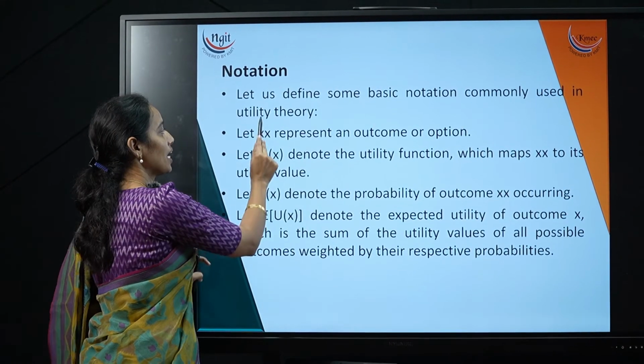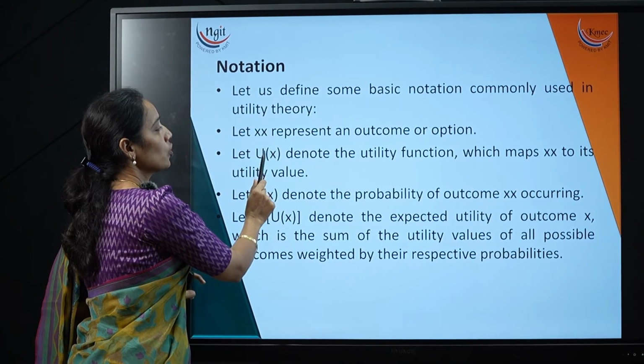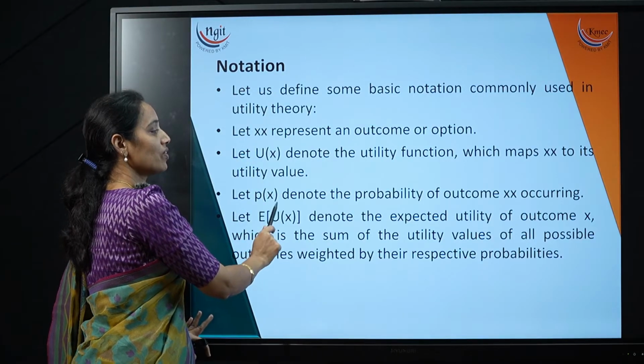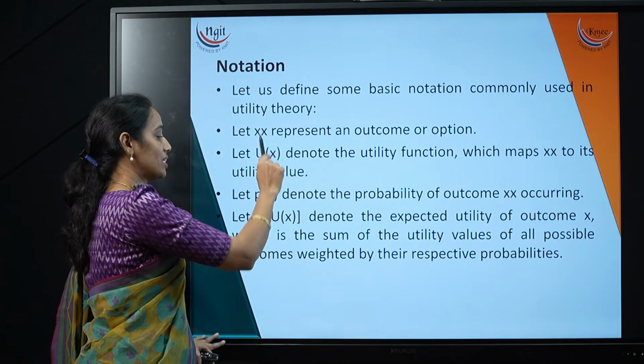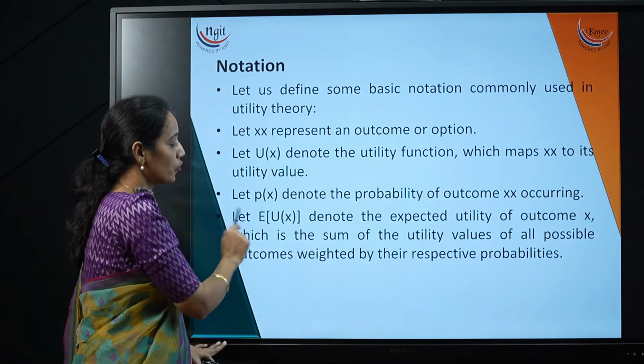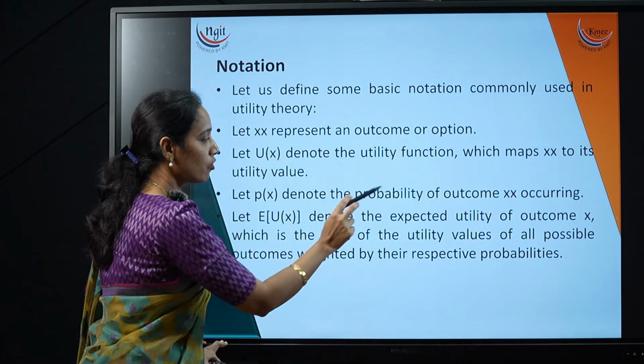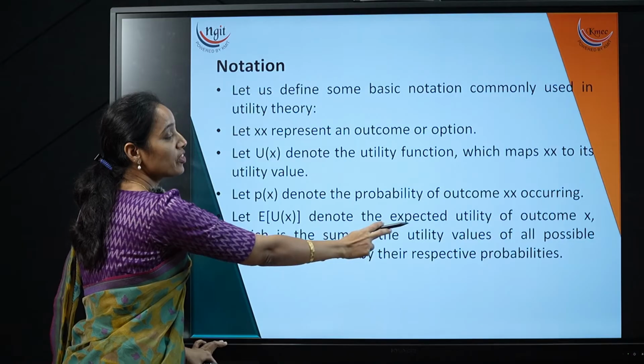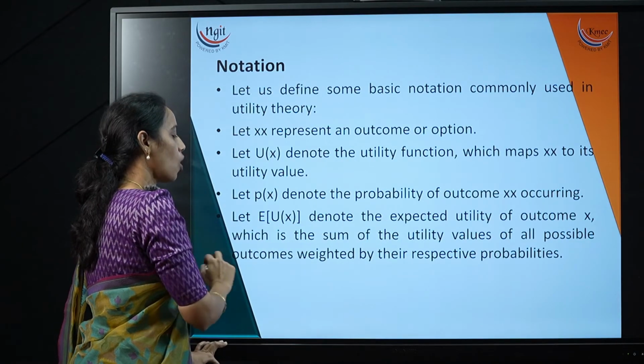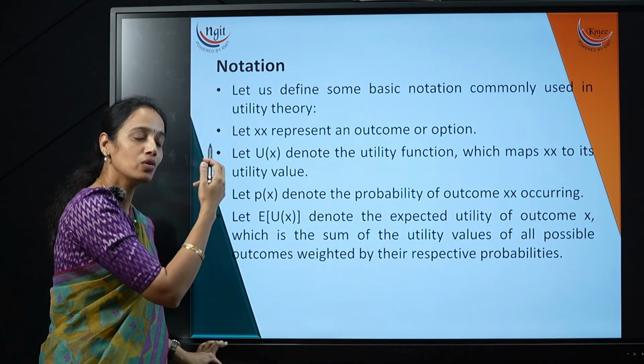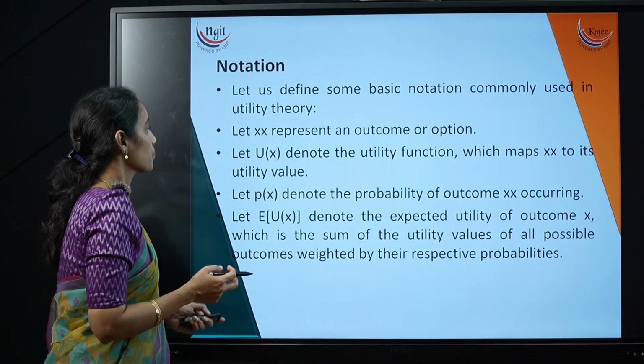Just try to understand, x is the outcome, u of x is the utility function, P of x is the probability of an outcome of x occurring, and E of u of x denotes the expected utility of outcome x, which is the sum of the utility values of all possible outcomes weighted by their respective probabilities.